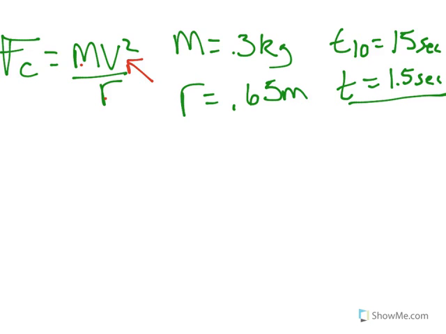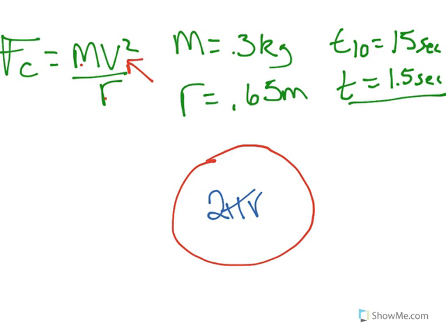Let's pretend we're looking at the helicopter from above. Then we have this circle that it's making. Now, what distance is it covering? It should be pretty apparent that it's covering the circle, and the circumference of the circle would be the distance it's covering. So our velocity equals 2 pi r divided by the time it takes to make one lap.